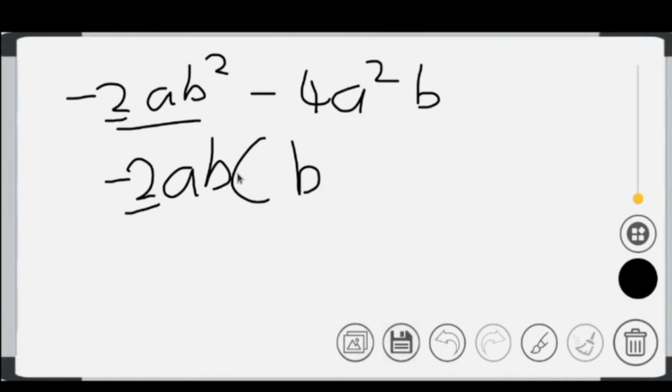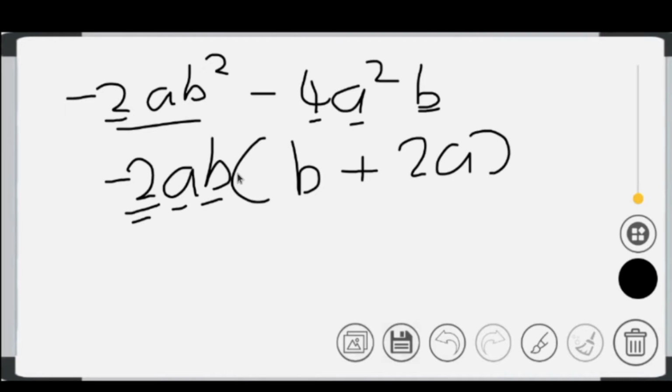And then we come to here and factor out here. What are we going to be left with inside? We're going to be left with a positive 2a, because the b is going to take out the b, and the a is going to take out one a, and the 2 is going to take the other 2, and we're going to be left with 2.